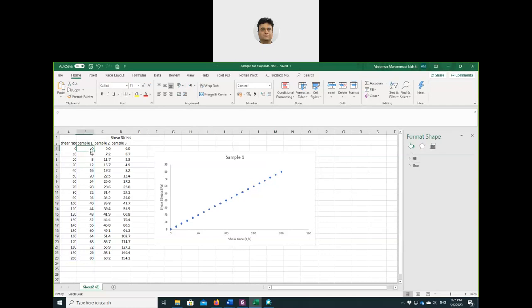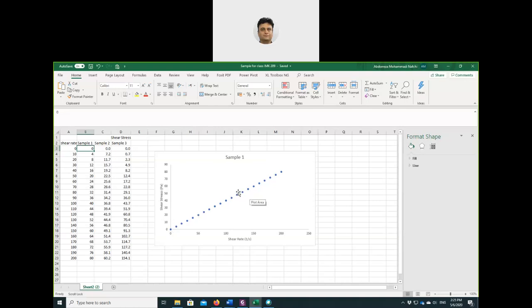If it's not 0 here, it means that it has some yield stress. If it has yield stress and is linear, it will be Bingham. But this one does not have any yield stress, so it's Newtonian.